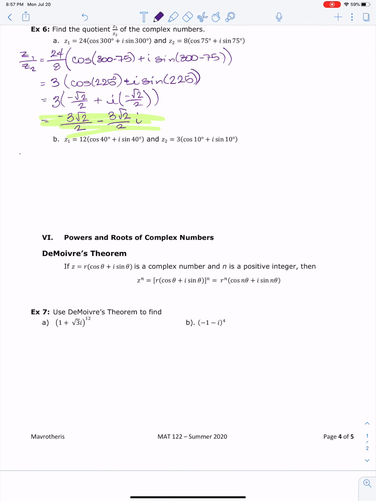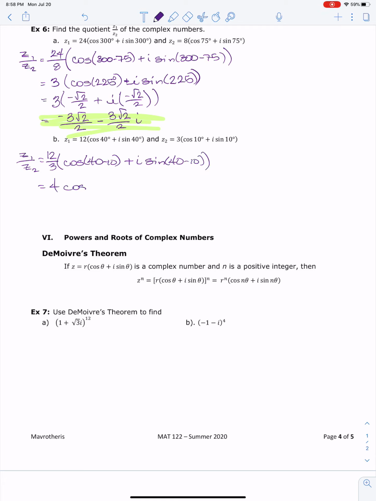B, same thing, z sub 1 divided by z sub 2. I've got 12 divided by 3, times cosine of 40 minus 10 plus i sine of 40 minus 10.